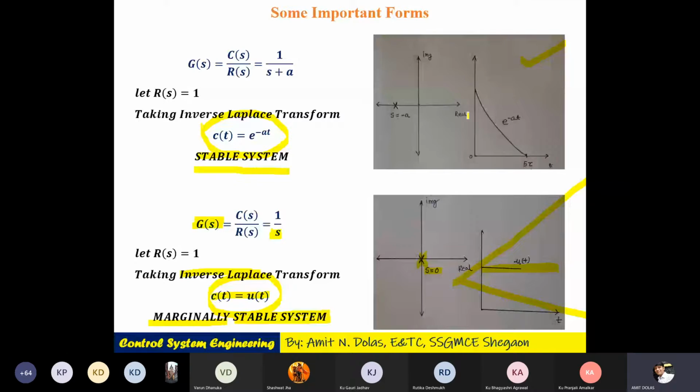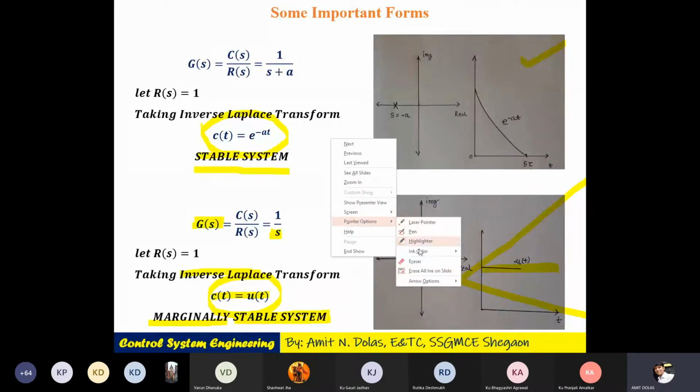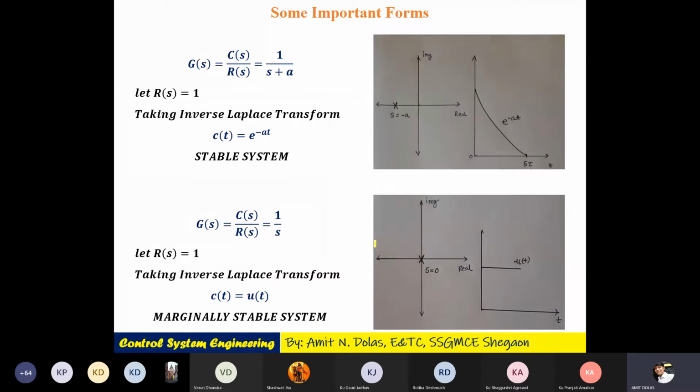Now I'll move to the first example again because we have to understand the concept rather than mugging up the formulas and the steps. In the first example, if I integrate this signal, then absolute integration is possible. You can find the area of this. The signal is bounded and it is absolutely integrable. That's why I will say stable system.